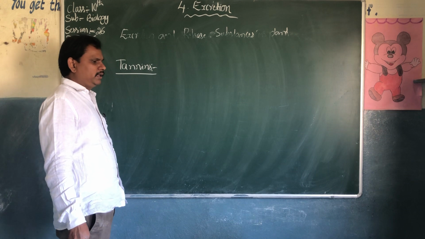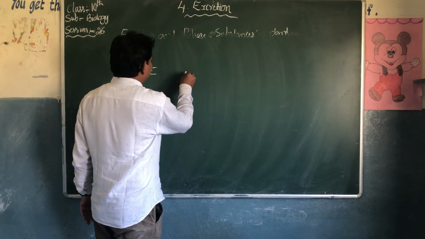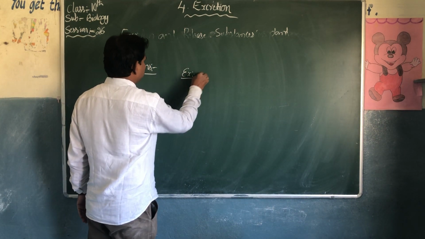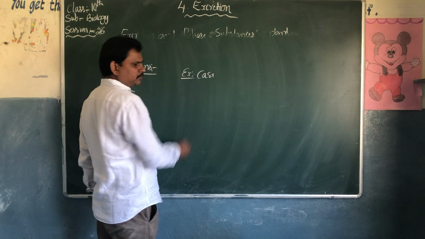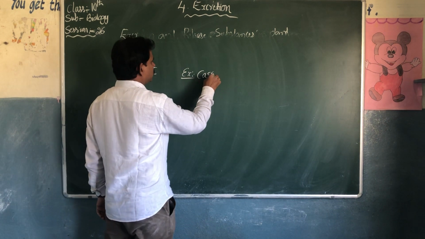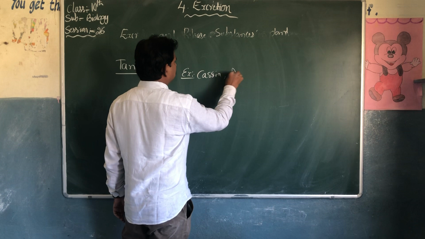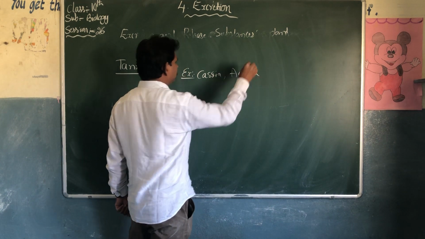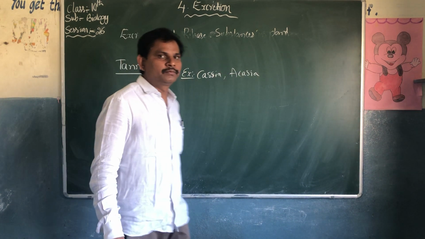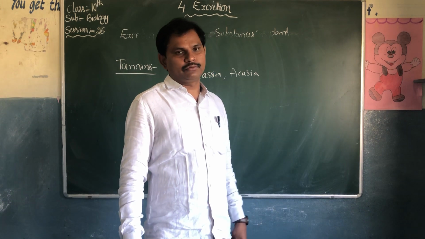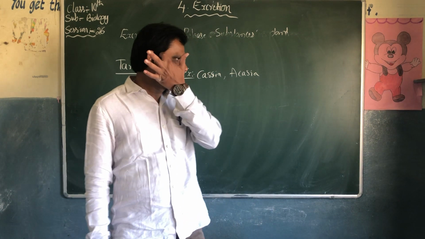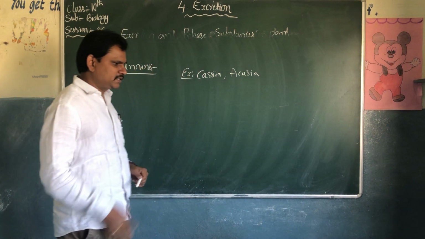The examples are cassia and acacia. One more is there. So these are tannins.